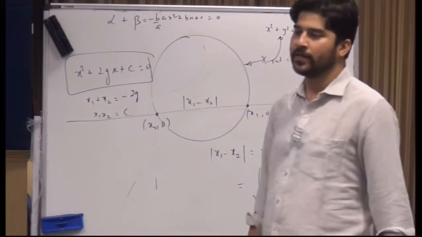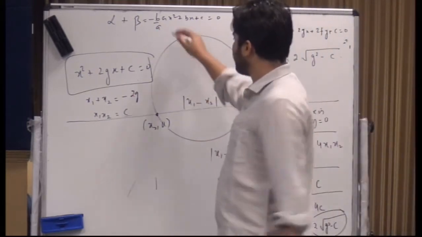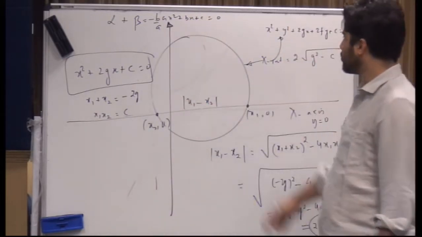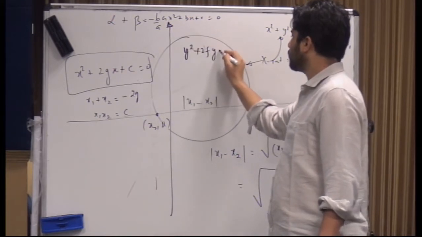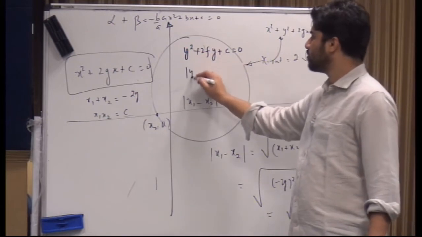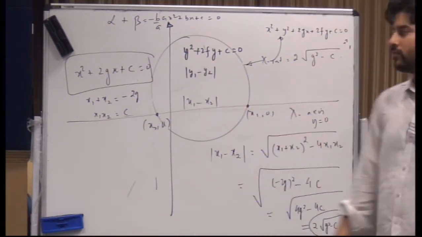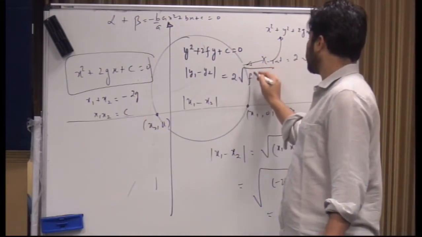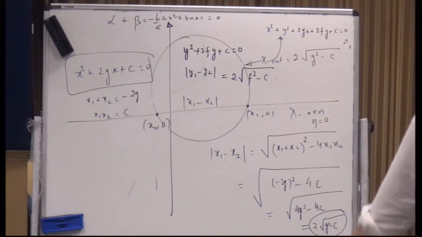Okay. Now tell me how to find the y-intercept. In the same diagram, put x is equal to 0. So what is the equation you are going to get? And what would be the y-intercept? Mod of? Which is going to be twice of under root? We don't have to do the calculation because it's symmetric.